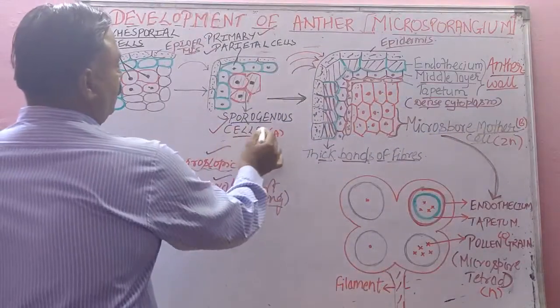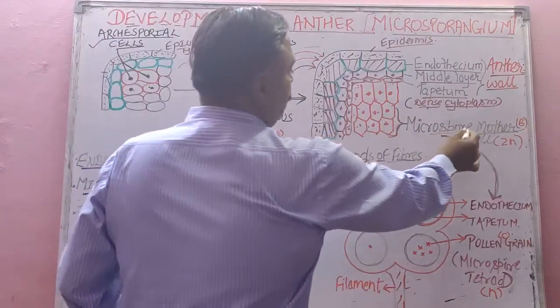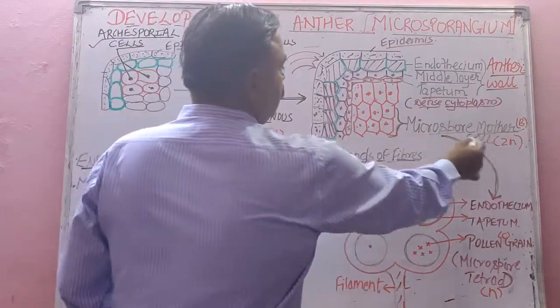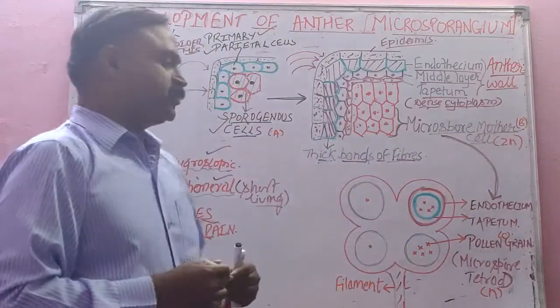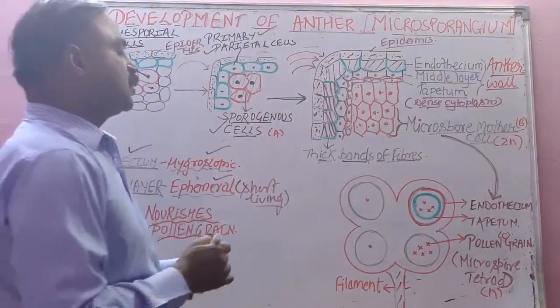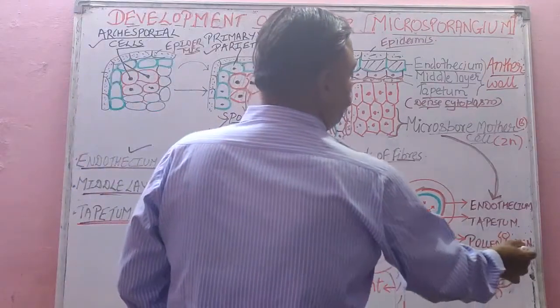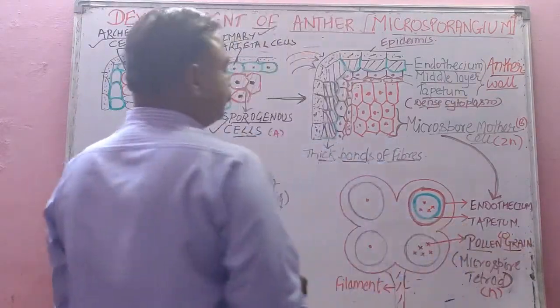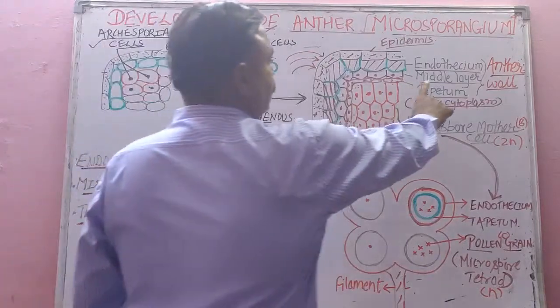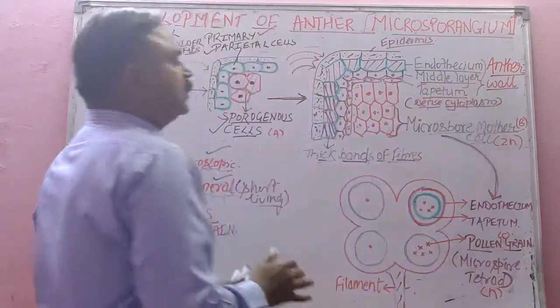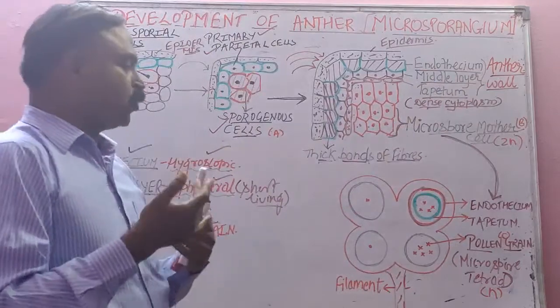These sporogenous cells divide into microspore mother cells, and that microspore mother cell goes through meiosis division to produce microspore tetrad or pollen grain. Student, so these three layers forming the anther wall have their significant role.